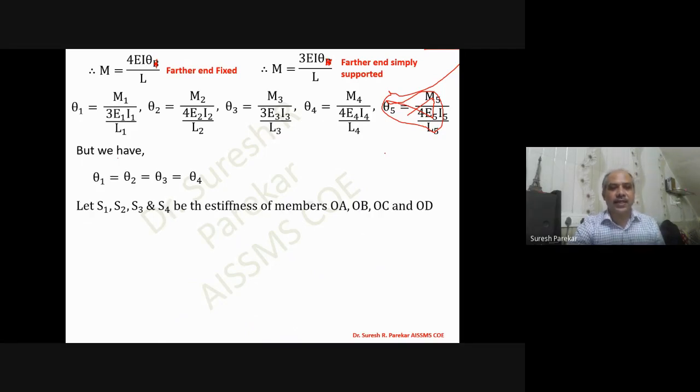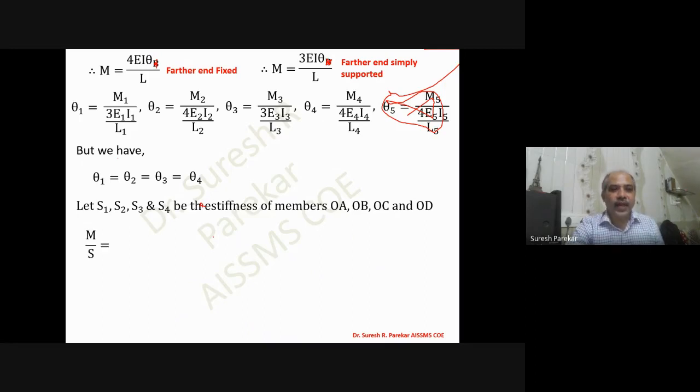These thetas are the same. So we say S1, S2, S3, S4 are the stiffnesses of the respective members OA, OB, OC, and OD.